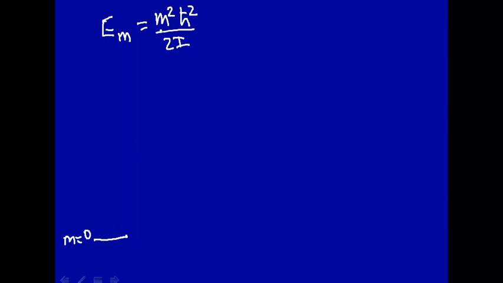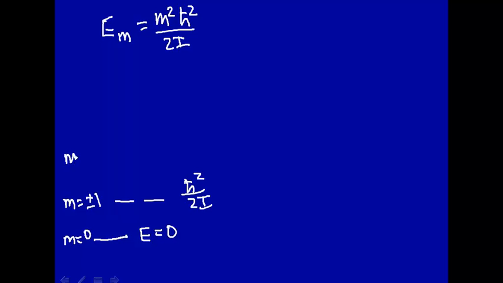When m is equal to 0, the energy is equal to 0. I guess that means when it's not rotating, it has no rotational energy. Let's look at m equal plus or minus 1. Oh, look at that. They'll have the same energy because you're squaring it. So this would be h bar squared over 2I. So two values of the quantum number have that energy.